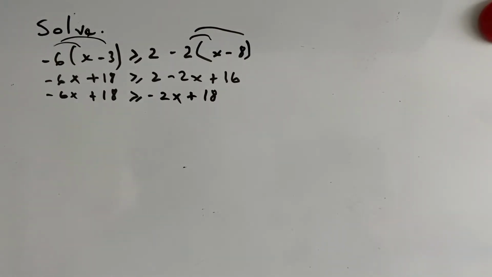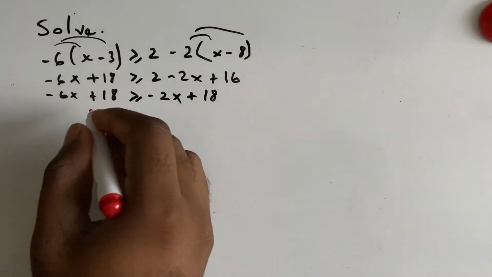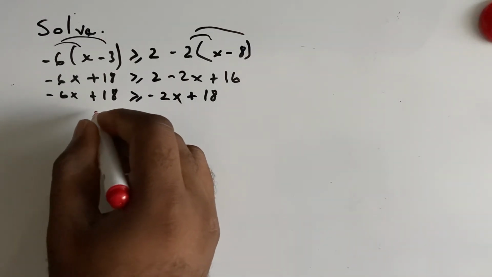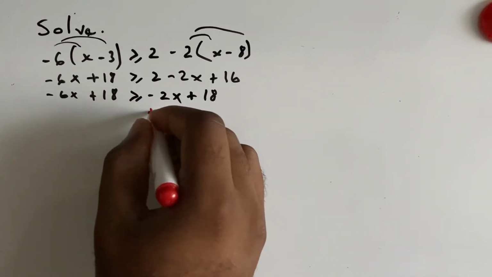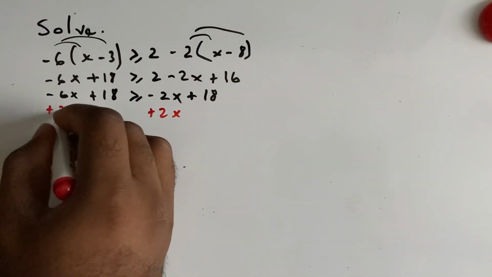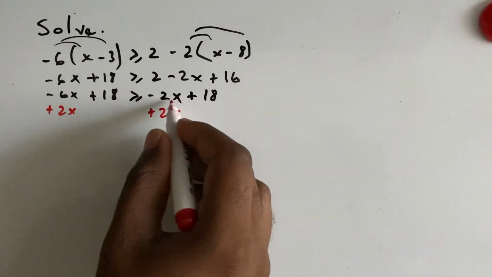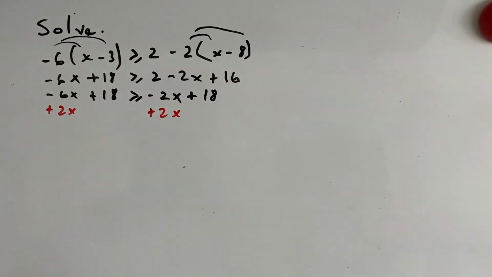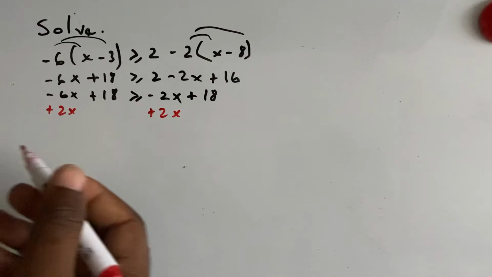All right, so now I'm going to try to move things over to isolate the variable. So meaning that I can actually add 2x to both sides, because to get rid of the negative 2x here, I have to add. To get rid of a subtraction, you add.